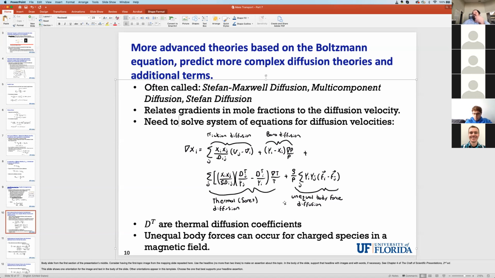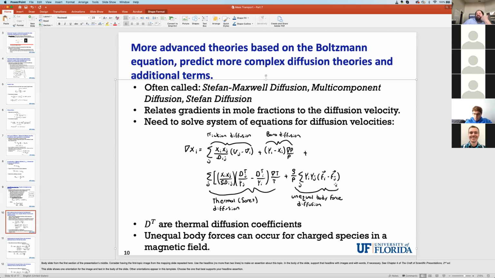For traditional combustion, we don't need to worry about this, because about the only body force we have to deal with is gravity, and the gravitational acceleration is the same for all of the molecules. So ergo, this goes away.